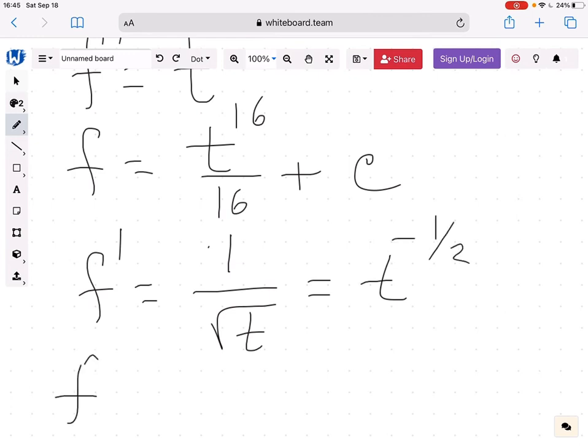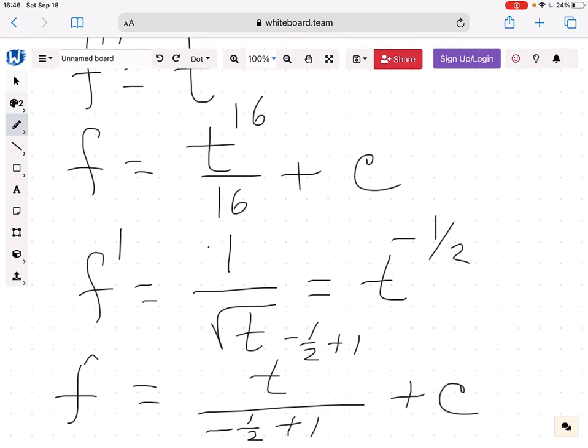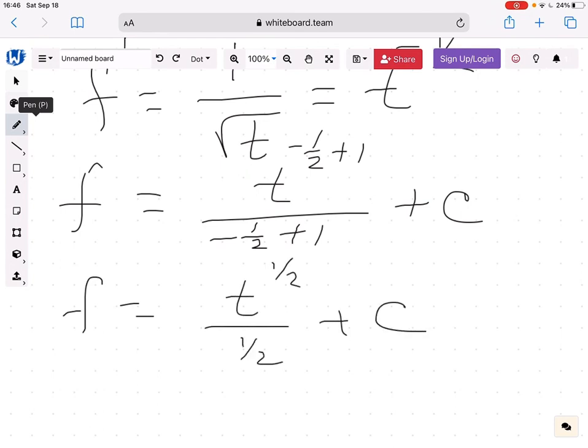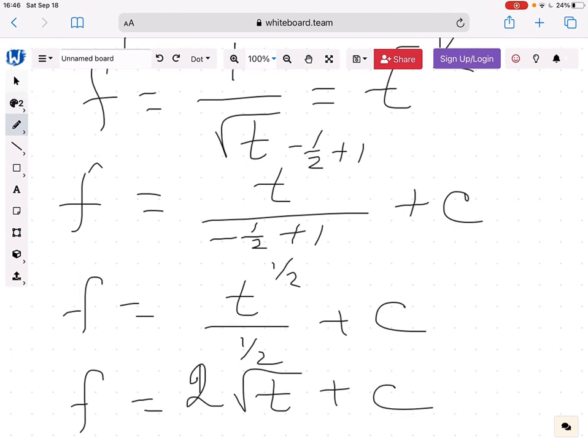In this case, f that produced that derivative is t to the minus 1/2 plus 1 divided by minus 1/2 plus 1 plus an arbitrary constant. In other words, it's t to the power of 1/2 divided by 1/2 plus constant. In other words, it's 2 times square root of t plus arbitrary constant.